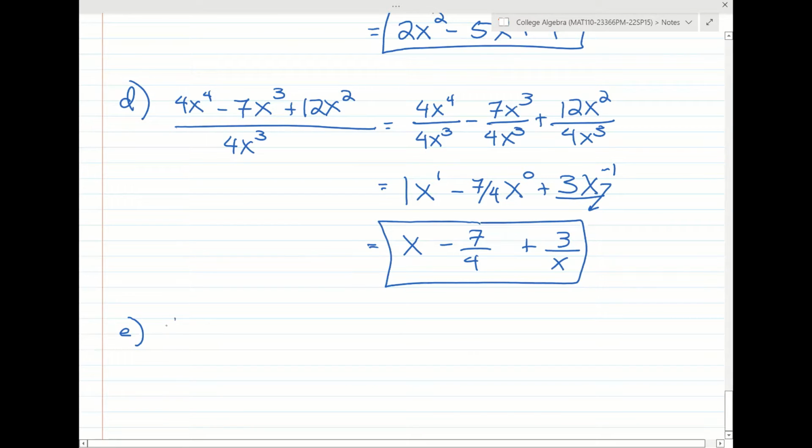What if we had 6a squared b to the fourth minus 9a to the third b to the third plus 4a to the third b to the fourth, all divided by a to the third b to the fourth?